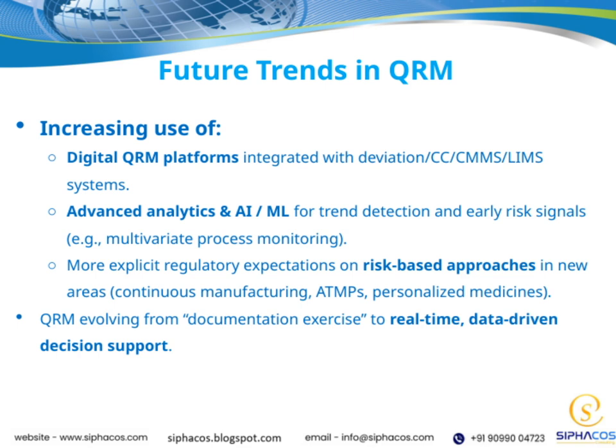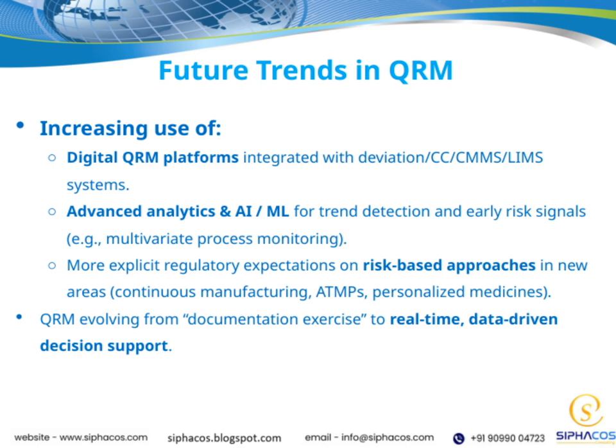Regulatory expectations are also evolving, especially in newer areas like continuous manufacturing, ATMPs, and personalized medicines. Authorities are now more explicit about expecting risk-based approaches, which encourages us to adopt more sophisticated and systematic risk management strategies.